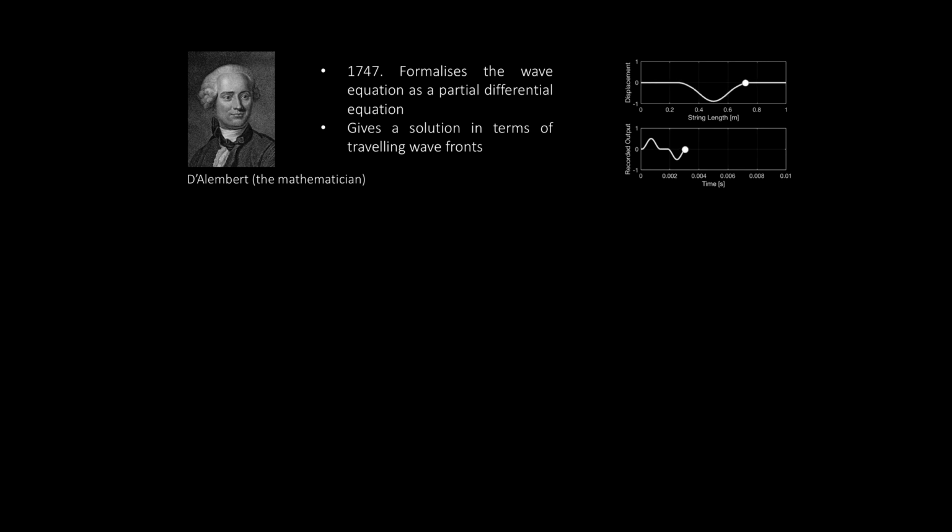D'Alembert, who plays the role of the mathematician in this controversy, formalizes the first ever example of a partial differential equation, which is in fact a musical problem, the problem of the vibrating string. So you could perhaps go back to the idea of why do we do physical modeling today? And one of the reasons is that perhaps it's always been that way.